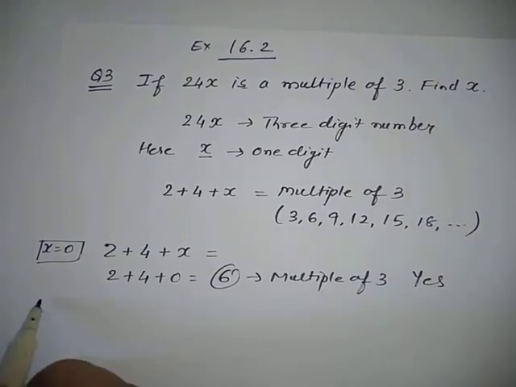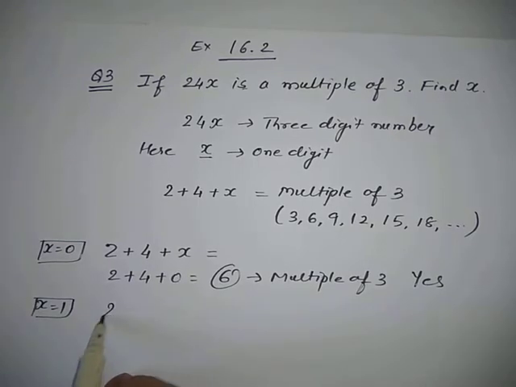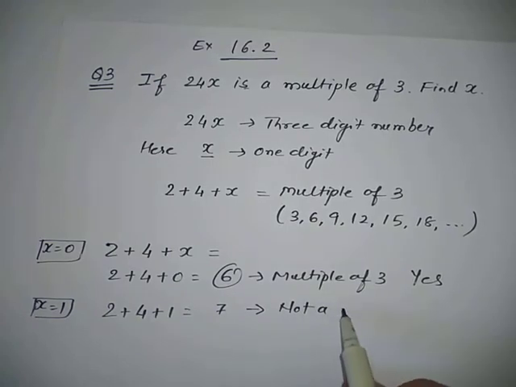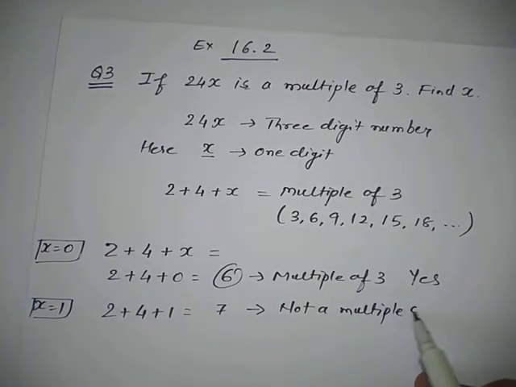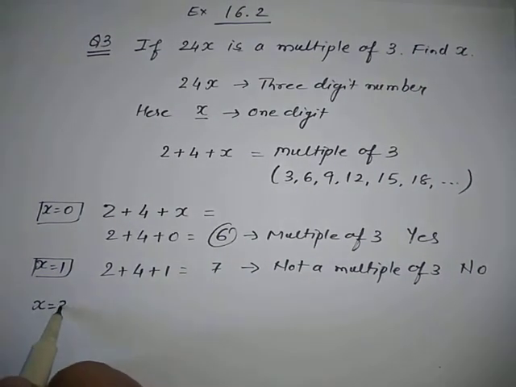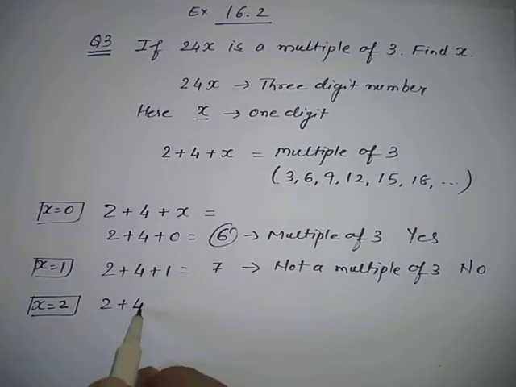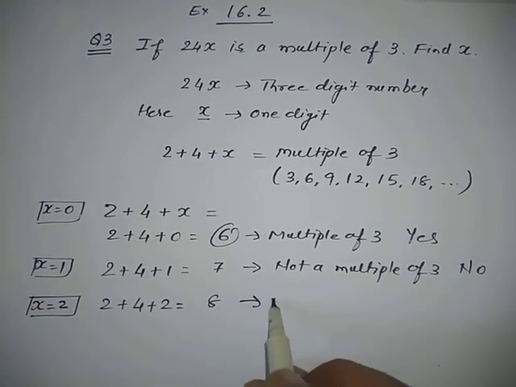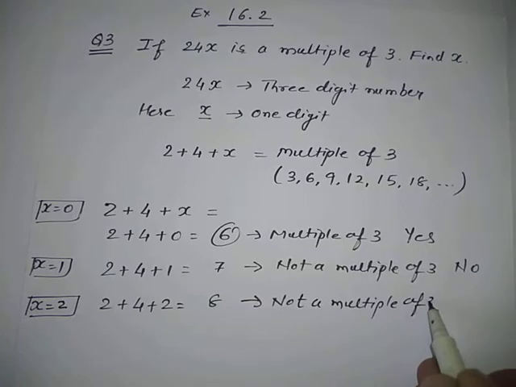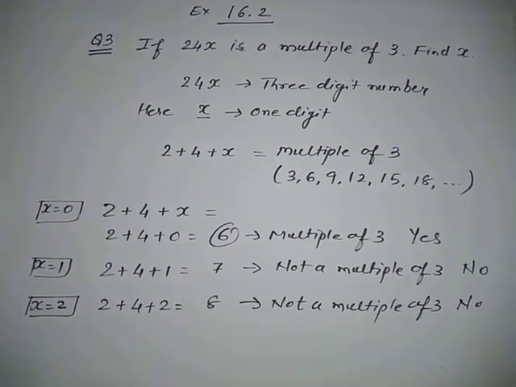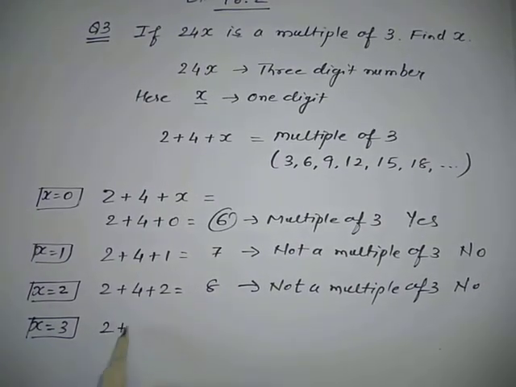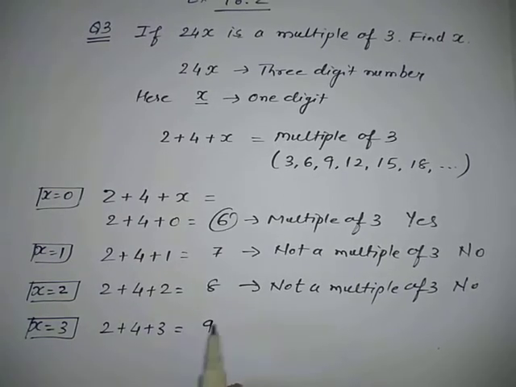Yes. Then if we take x is equal to 1, then 2 plus 4 plus 1 will be 7. So not a multiple of 3, so it will be no. Okay, so x is equal to 2, we take 2 plus 4 plus 2, it will be 8, again not a multiple of 3, so this cannot be the number.